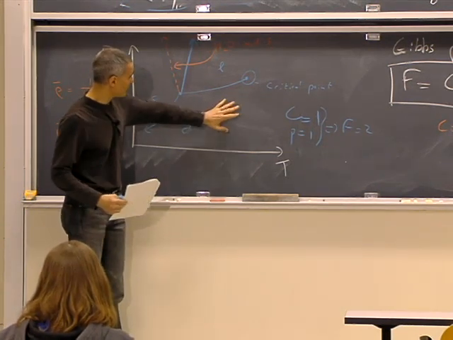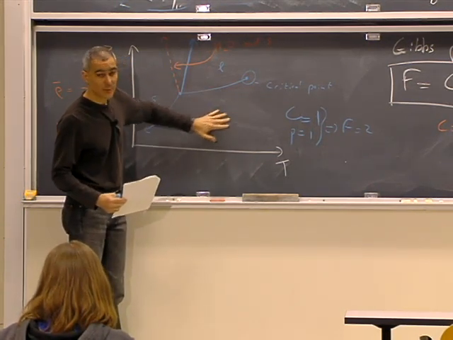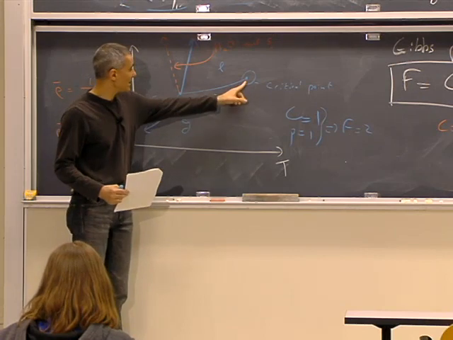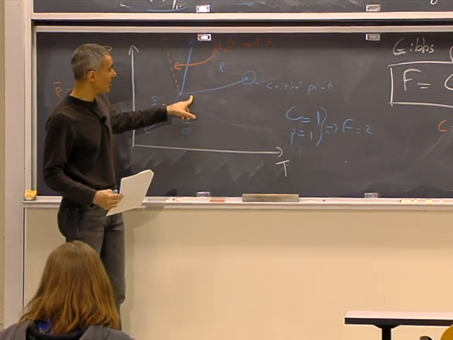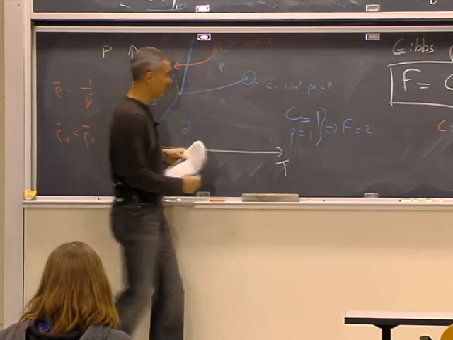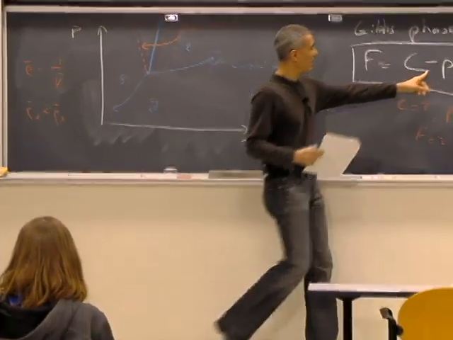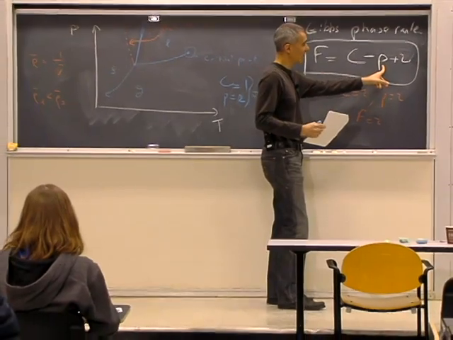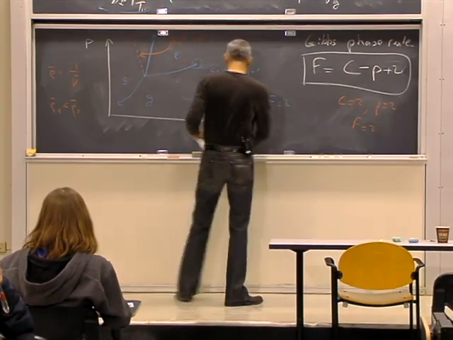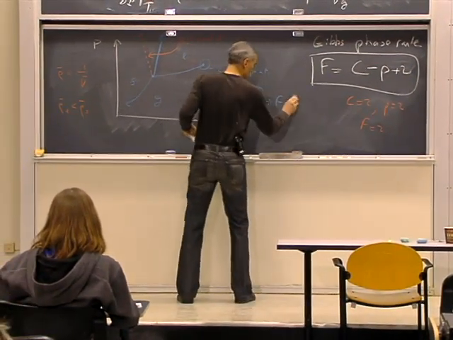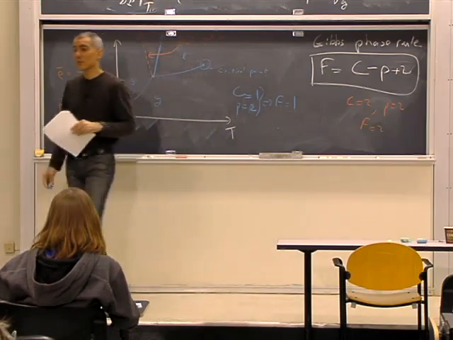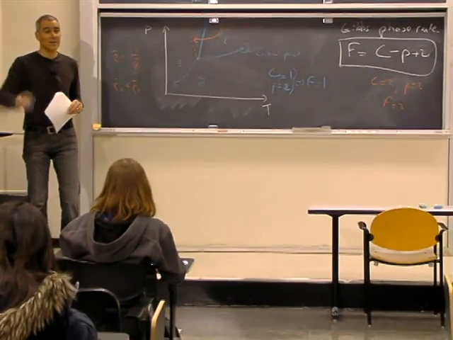The pressure and the temperature are my 2 degrees of freedom. I can freely move around the plane. Right? At a coexistence line, the number of phases equals 2. Then I have 1 minus 2 is minus 1, plus 2 is 1. The degrees of freedom is 1. That's a line. I have 1 degree of freedom. I can move in a line in the plane.